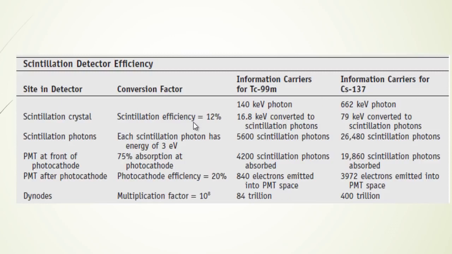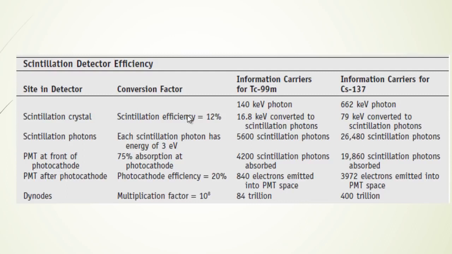So what this efficiency means is that when this much energy, that is 662 kilo electron volts, is deposited to the crystal, only 12% of this energy will be emitted from the crystal as scintillation photons. Now I told you earlier that it might not be the case that all of this energy is deposited to the crystal, but for the sake of this video, let's just consider that all of this energy is deposited to the scintillator.